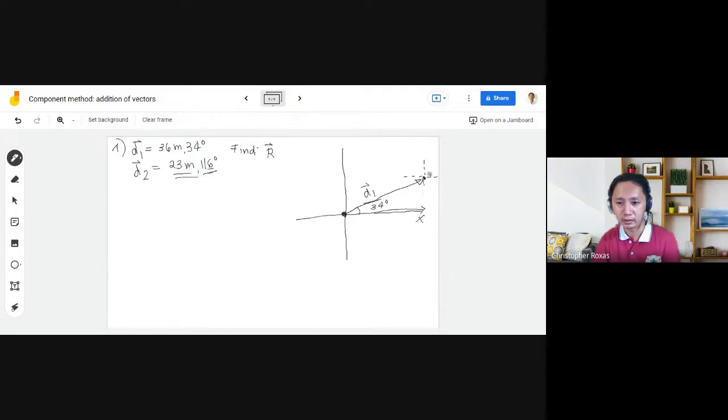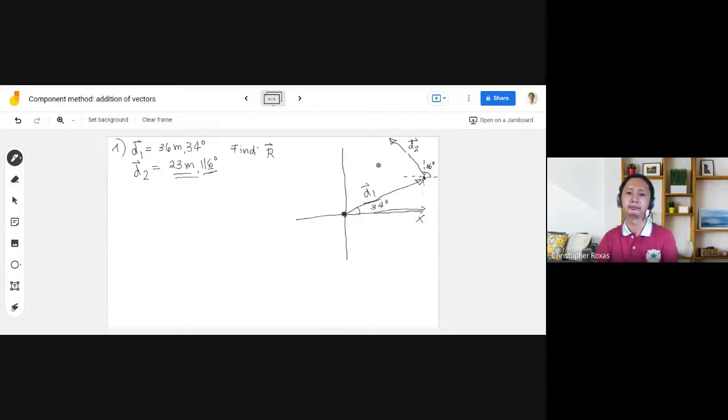So, from here, you go like this. You go past 90 to reach 116. So, let's say more or less there. So, this is your 116 degrees. Then, you draw the vector 23 meter. Let's say, yeah. So, this will be your D2.